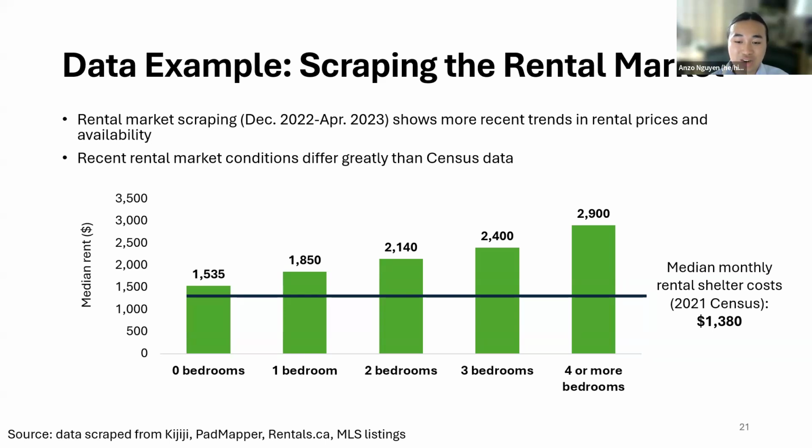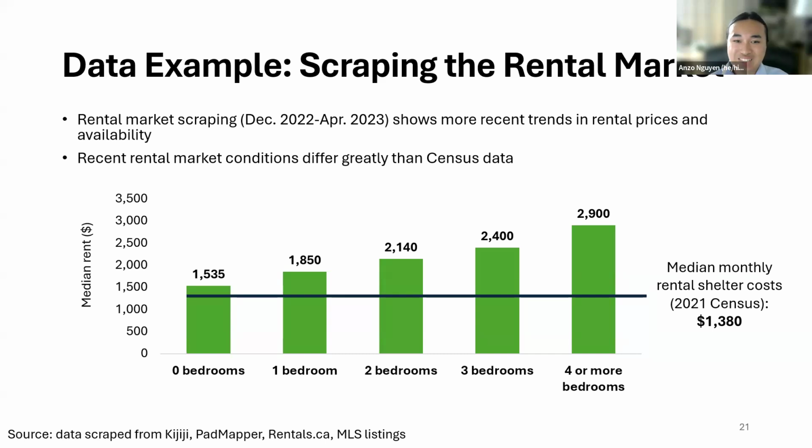And so you can see here that for every unit size that we found the median rent was actually higher than the median monthly shelter cost recorded by the census, ranging from $1,535 a month as the median for 0-bedroom units or bachelor units, all the way up to $2,900 a month for 4+ bedroom units. And so what we see here is that there's a significant divergence between the rental market conditions if someone's looking to rent versus the mean or median rents that existing households pay according to the census.